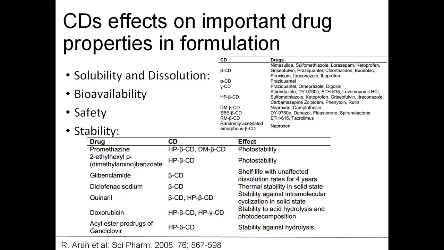The reaction rates can be affected by inclusion of the chemically labile moiety of the drug into the cyclodextrin cavity. The cyclodextrin will also reduce denaturation in peptide and protein formulations.